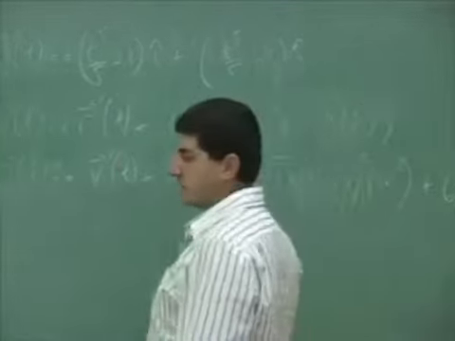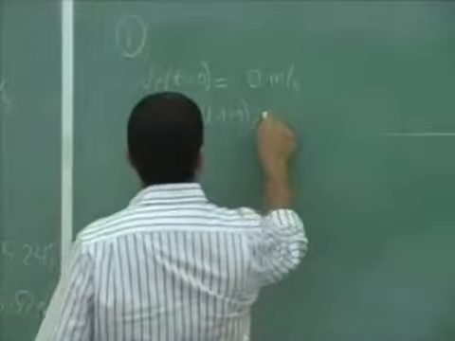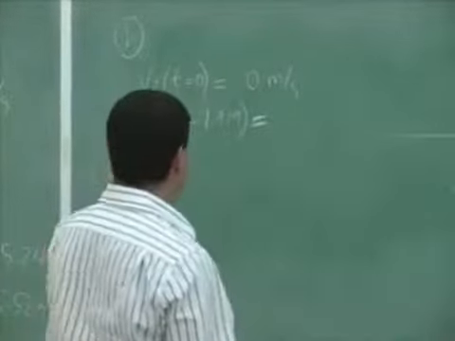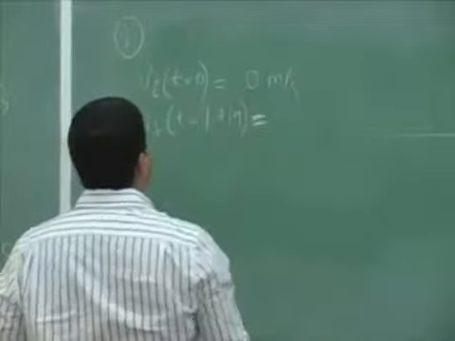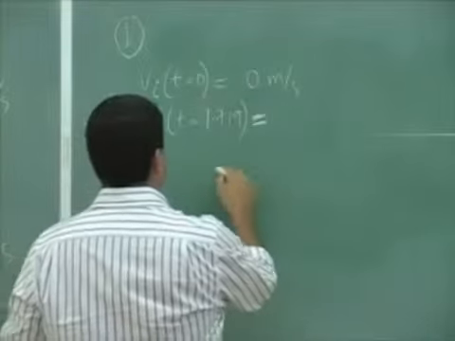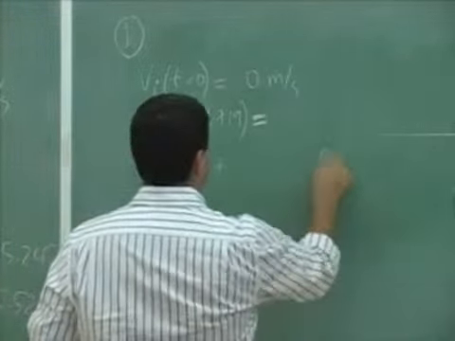Do all this. It's okay. So let me know here what you get. So you're going to get something i hat plus something j hat.